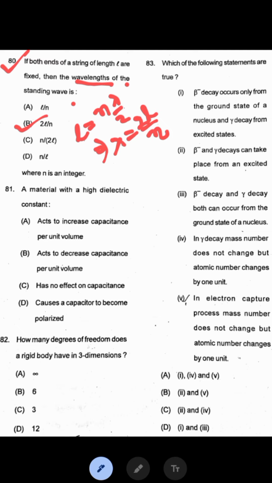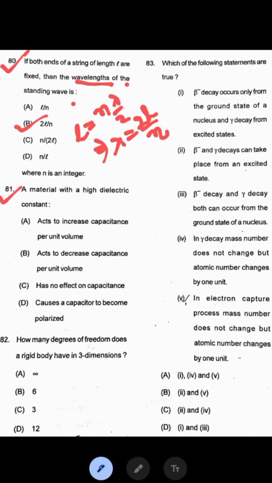Now, a material with a high dielectric constant acts to increase capacitance per unit volume, acts to decrease capacitance per unit volume, has no effect on capacitance, or causes the capacitor to become polarized.